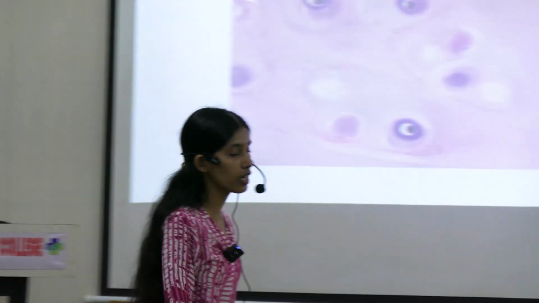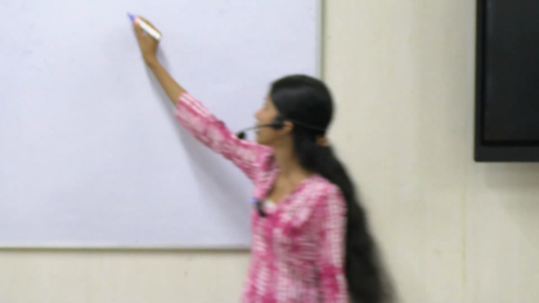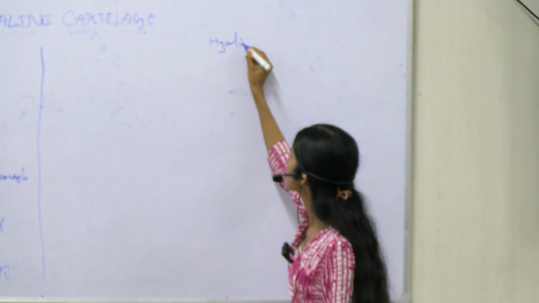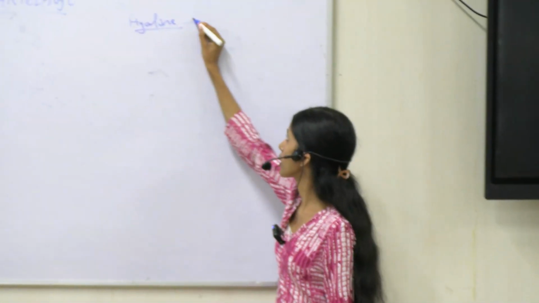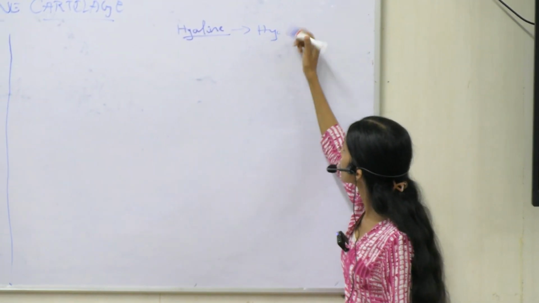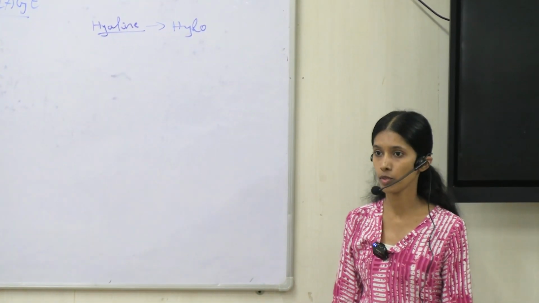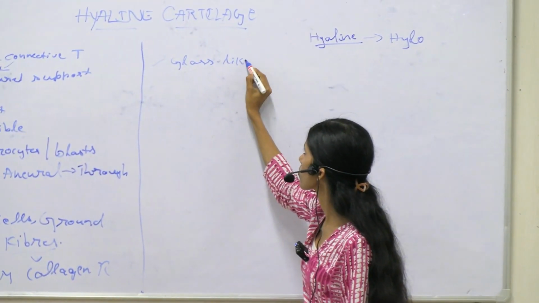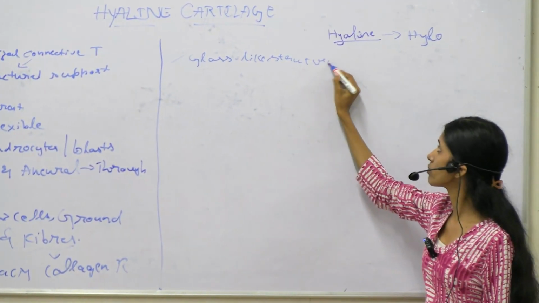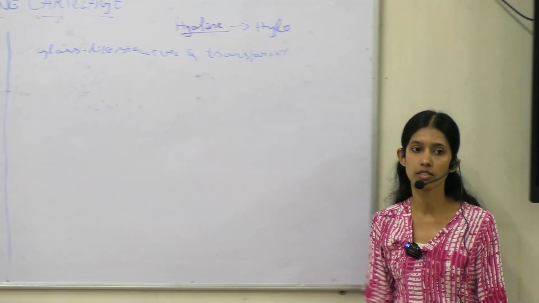Then we will start with the hyaline cartilage. What do you mean by the word hyaline? The word hyaline stands for hylo, which is nothing but glass-like appearance. So your hyaline cartilage is basically a glass-like structure, and it is transparent.